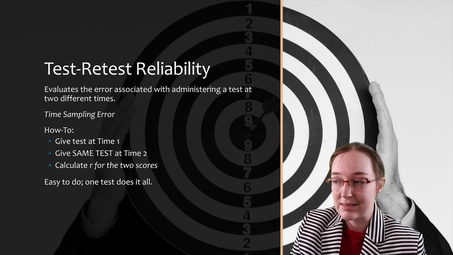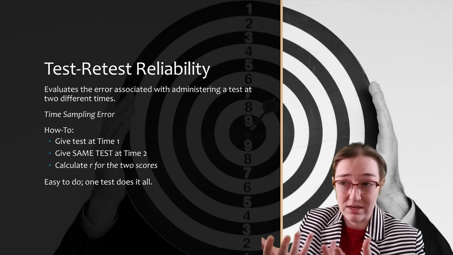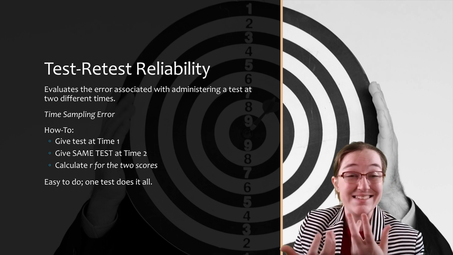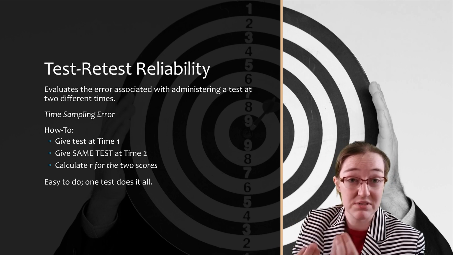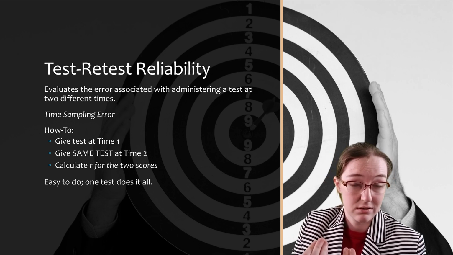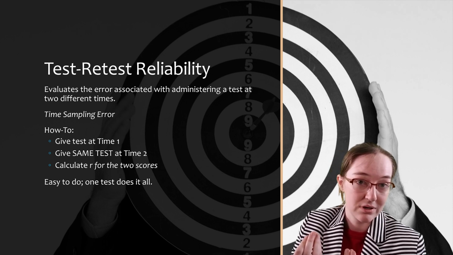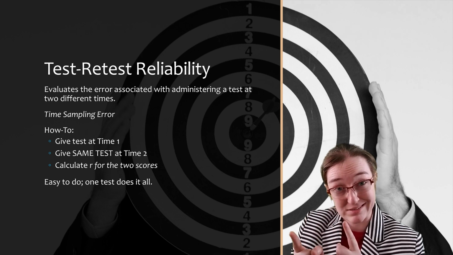And it's fairly straightforward. So, the idea is that any error on your test or any inconsistencies between your two test administrations of the same test are the result of time sampling or learning, depending on what you do. So in our class, we had that pre-test of what your pre-existing knowledge is.